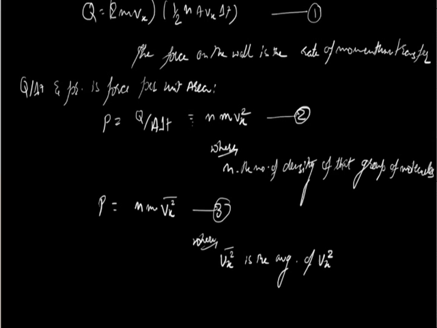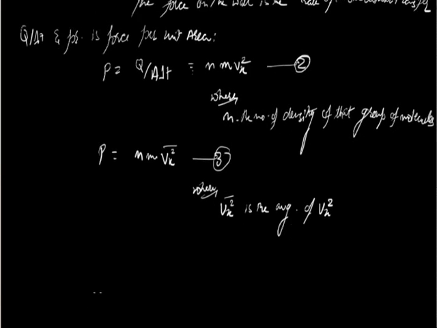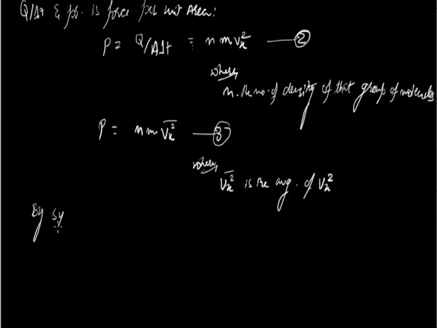Now the gas is isotropic, that means there is no preferred direction of velocity of the molecules in the vessel. Therefore, by symmetry we can write vx square bar equals vy square bar equals vz square bar.